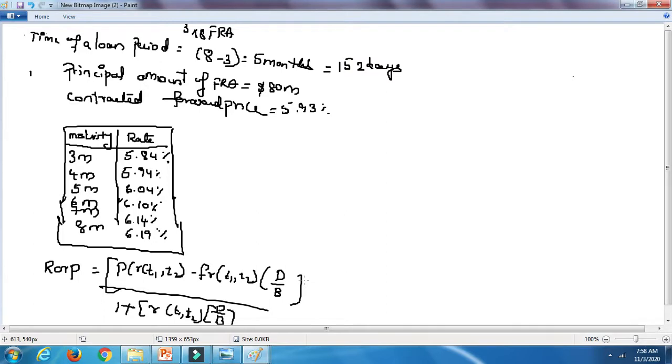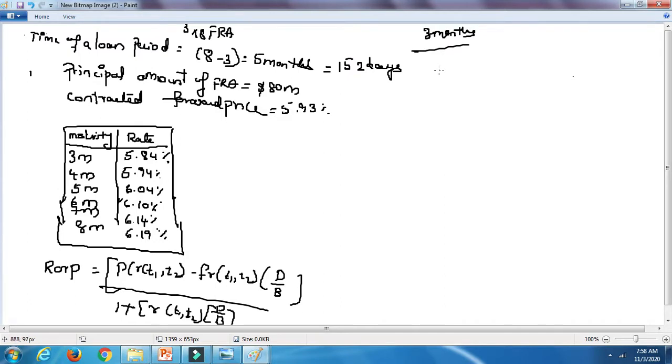Let's take the very first one, the 3 months, and substitute it in the formula.